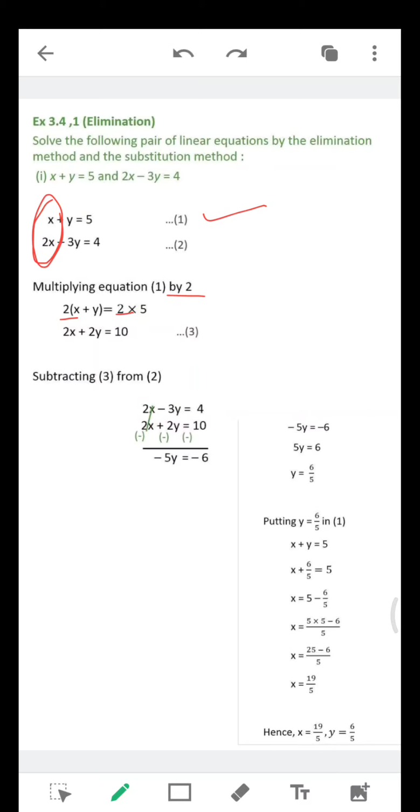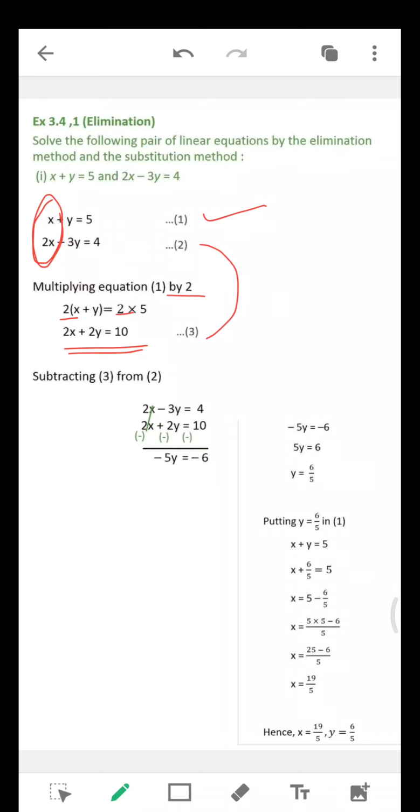So multiplying equation 1, we get 2x plus 2y is equal to 10, and taking those two equations now, we are solving equation 2 and 3.